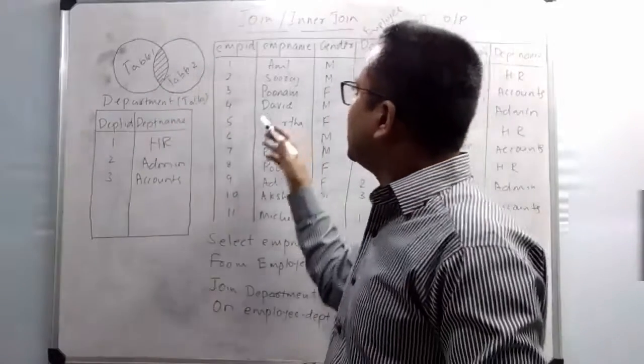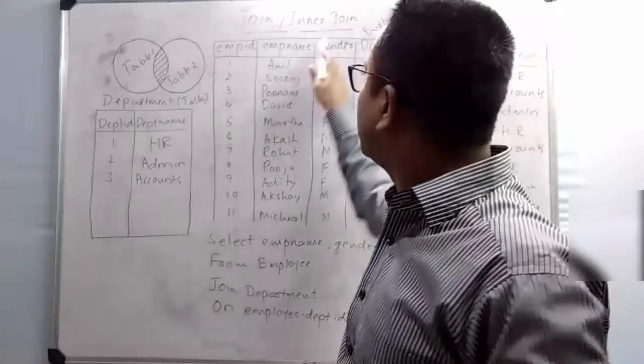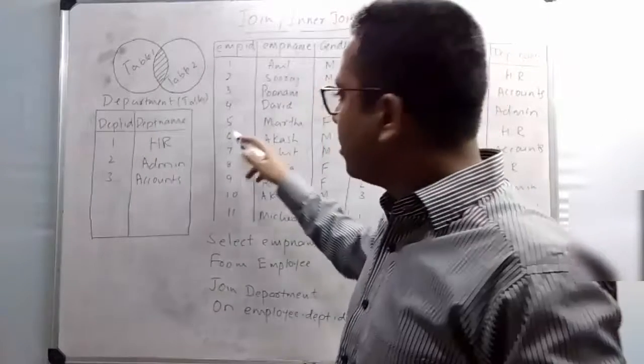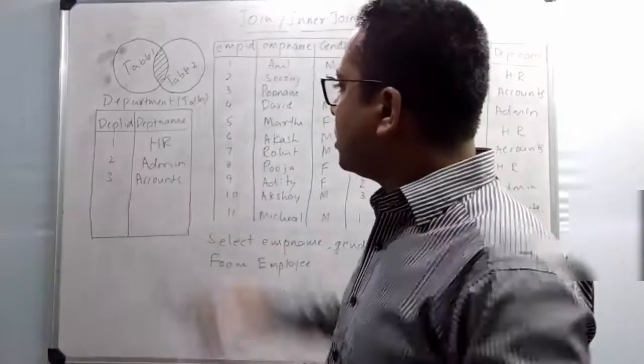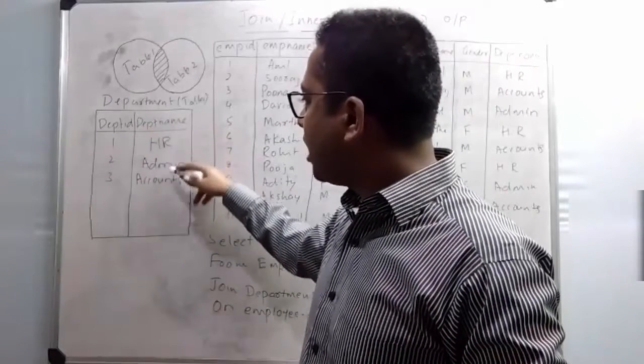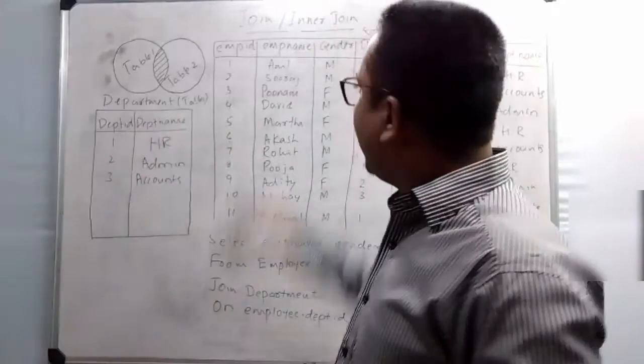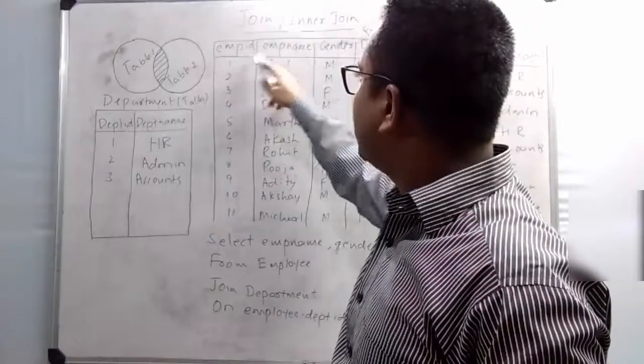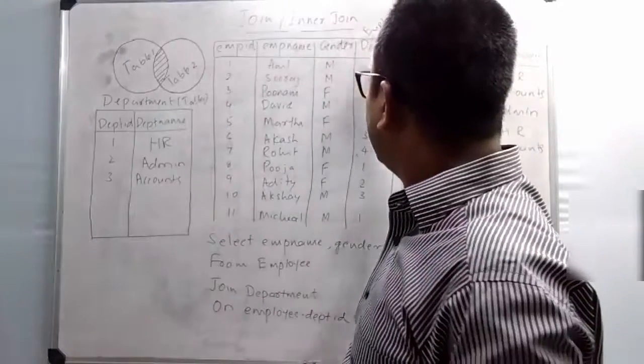Here I am having two tables. The first one is employee and another one is department. Department is having department IDs 1, 2, 3 and department names HR, admin and accounts. In the employee table, I am having employee ID, employee name, gender and department ID.